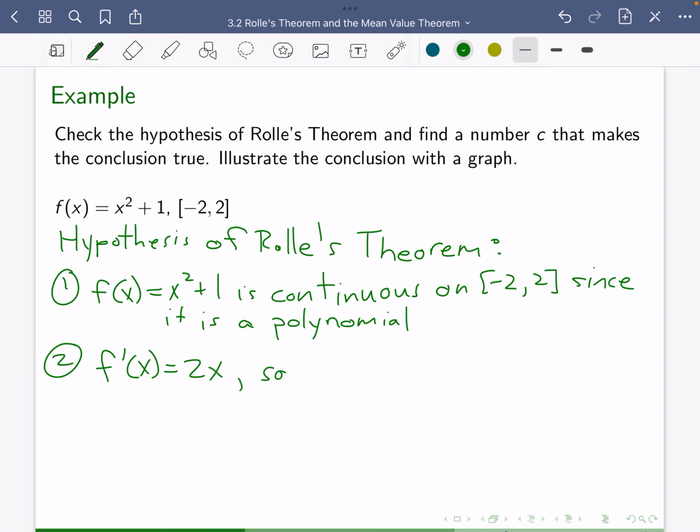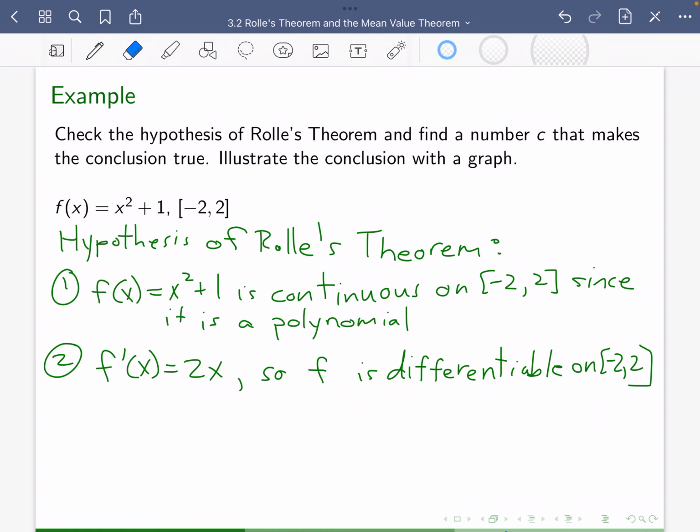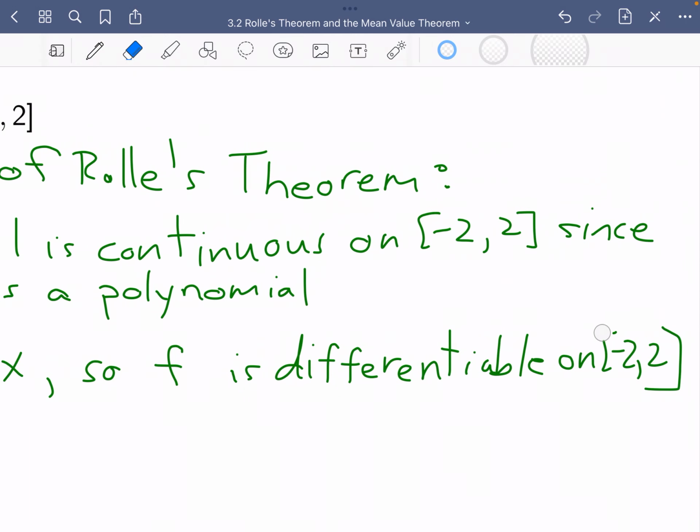So our function f is differentiable on -2 to 2. Polynomials are differentiable everywhere as well, so it is differentiable there. I wrote the closed interval, but I actually don't need the closed interval. I just need the open interval from -2 to 2.